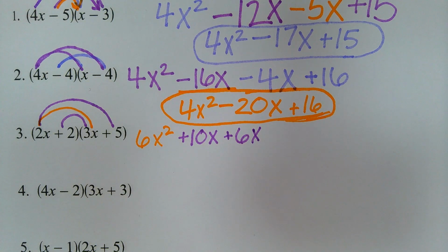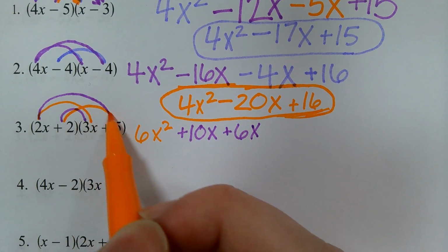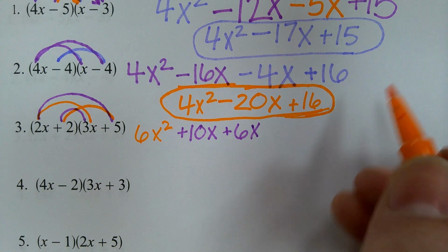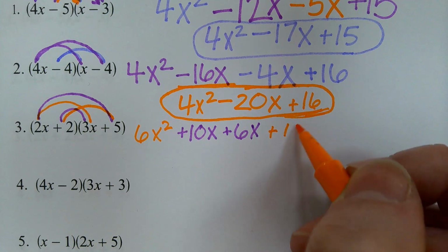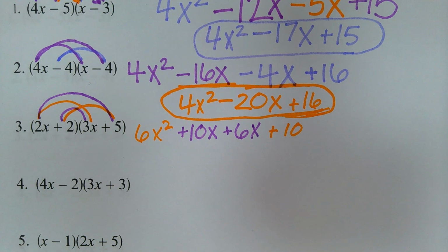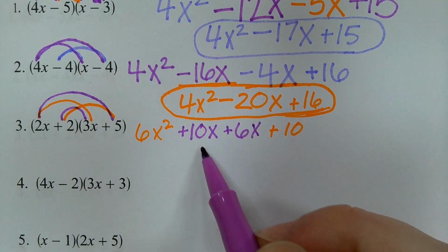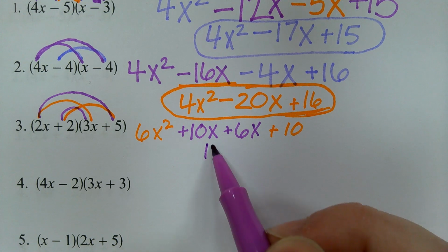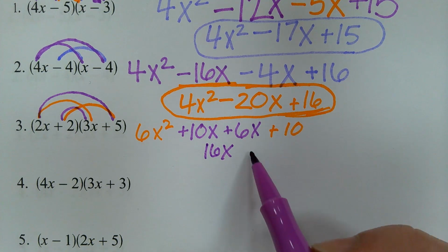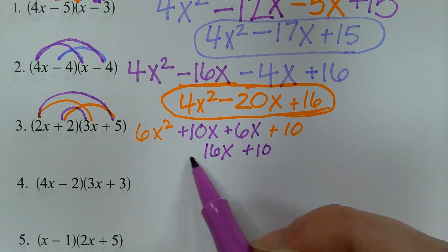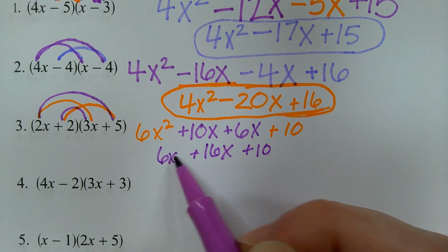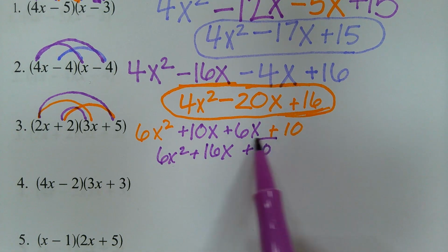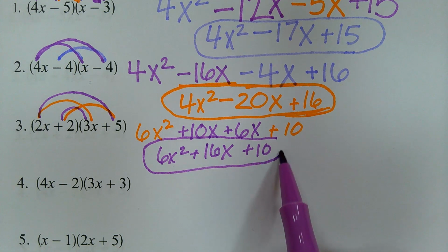And last but not least, yeah, 2 times 5 is 10. And then your like term would be 16x. Good. Yeah, 10x plus 6x, that's 16x. Good. Plus 10 plus 6x squared. Awesome.